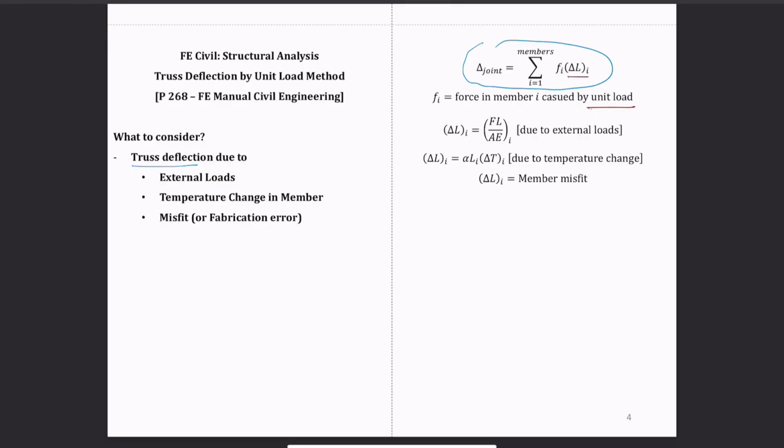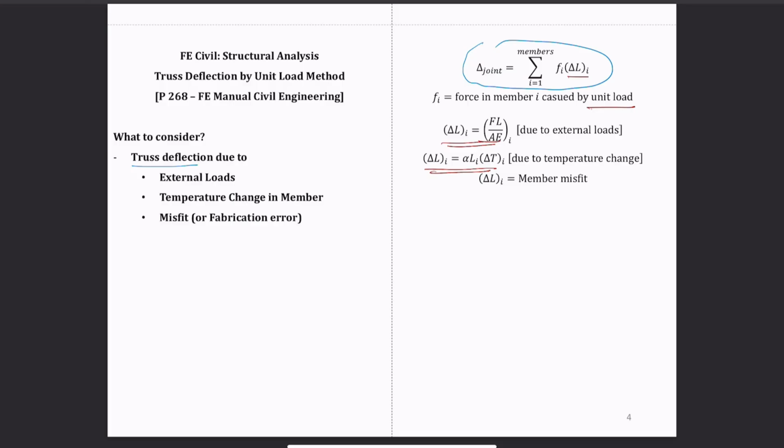And if the load is applied on a truss, or this change is caused by an external load, then you're going to use this formula. You're going to replace delta L with this formula. And if the cause of deflection is due to the temperature change, then you're going to replace delta L with this formula.